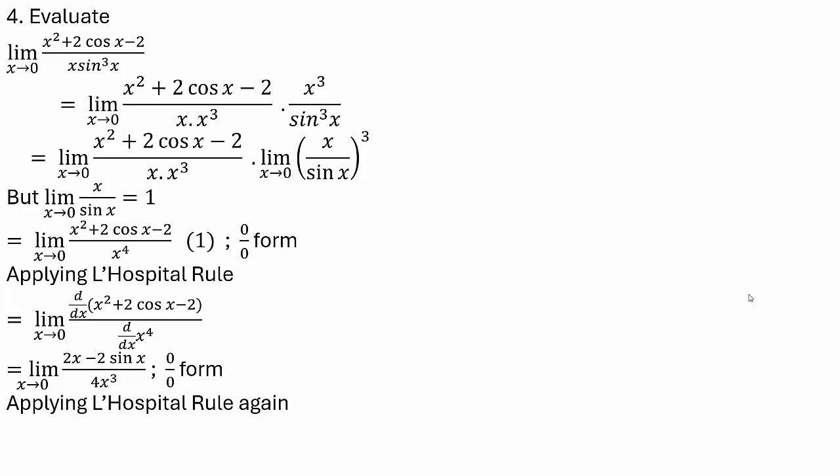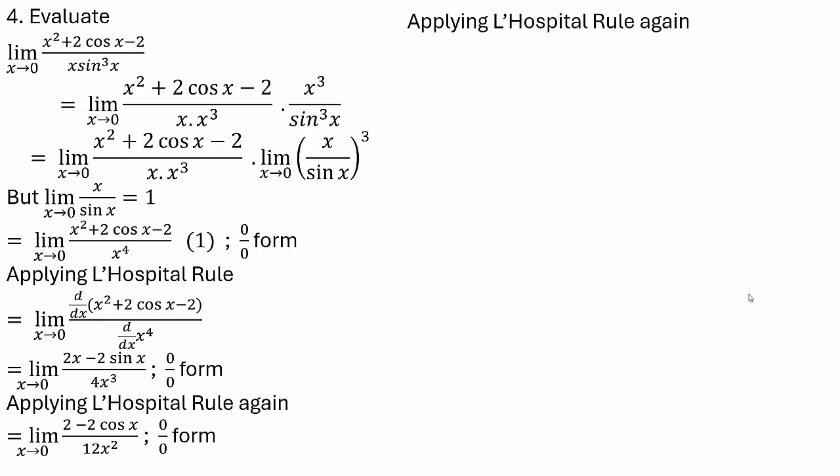Therefore, applying L'Hospital rule, the derivative of 2x − 2 sin x is 2 − 2 cos x, and the derivative of 4x³ is 12x². Therefore, it becomes limit x tends to 0 of (2 − 2cos x) divided by 12x², which is again 0 by 0 form.